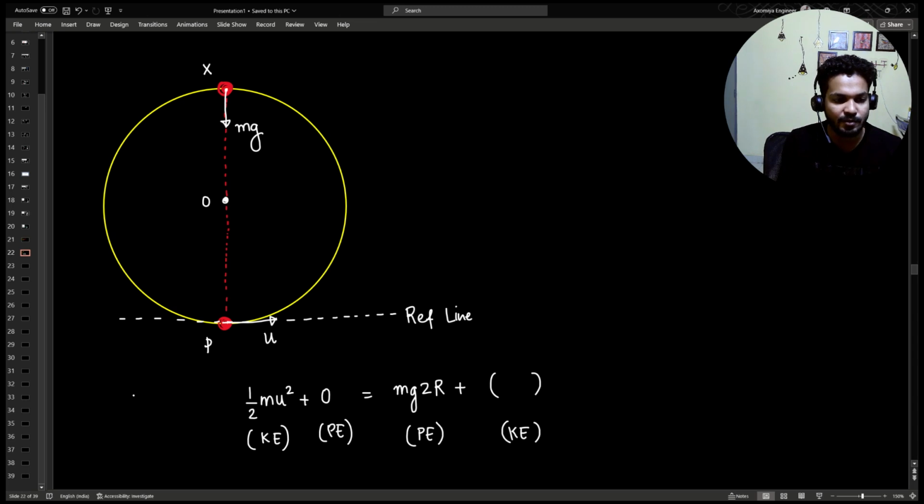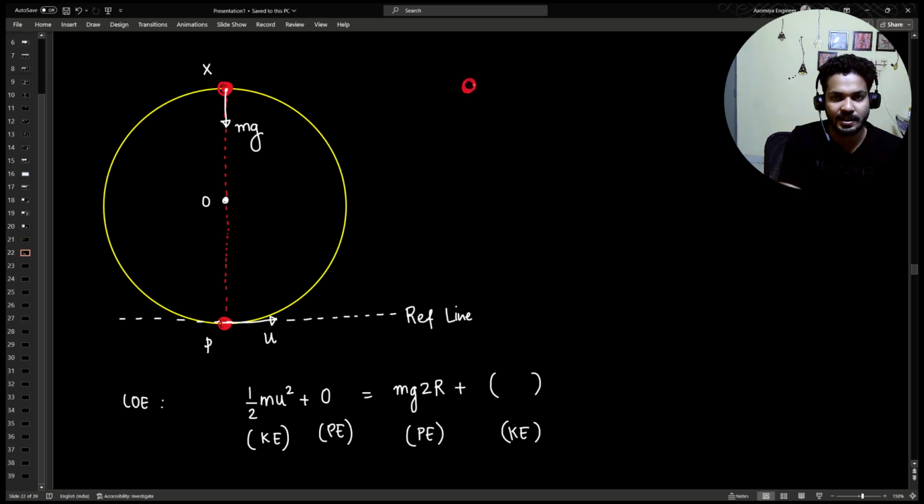But from conservation of energy, I know that the kinetic energy at the bottom plus potential energy at the bottom should equate to the potential energy at the highest point plus the kinetic energy at the highest point. But we don't know how much the kinetic energy is at the highest point. For that, what I'm going to do is make an FBD of the body at location X. Don't forget the color code.